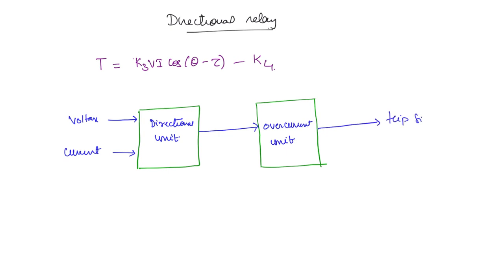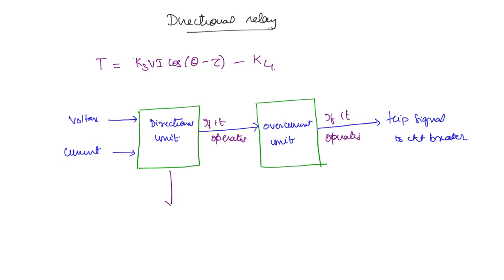The trip signal to the circuit breaker is given only when both conditions are satisfied, that means the direction is reversed and the current is also beyond a certain value. So here you can write, if it operates, only then it will go to the overcurrent unit, and if this also operates, then only it will give the trip signal to the circuit breaker.